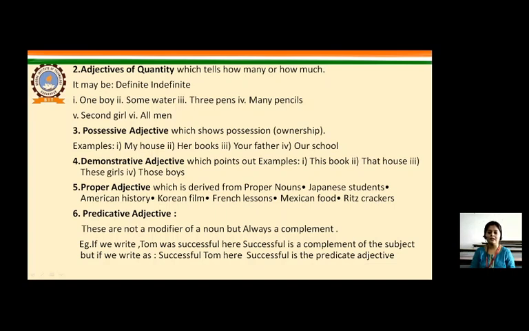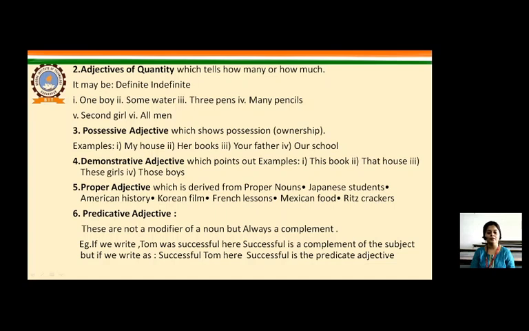Now moving on to the last type of adjective, that is predicative adjective. These are not a modifier of a noun but always a complement. These are not used to tell something additional about the noun, but they are used to complete the sentence, or to synchronize with the first information that is mentioned in the subject, and they act as a complement. Example, if we write Tom was successful, this sentence is complete.